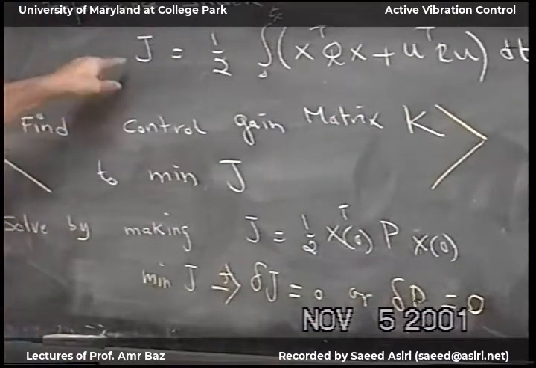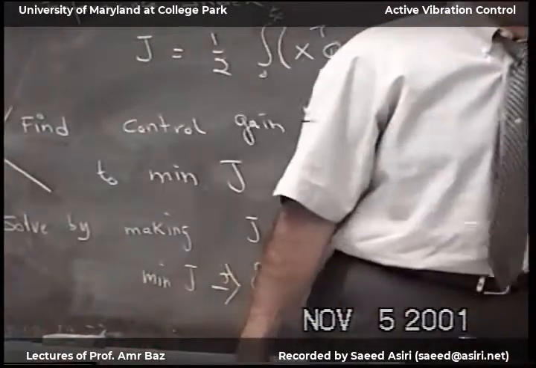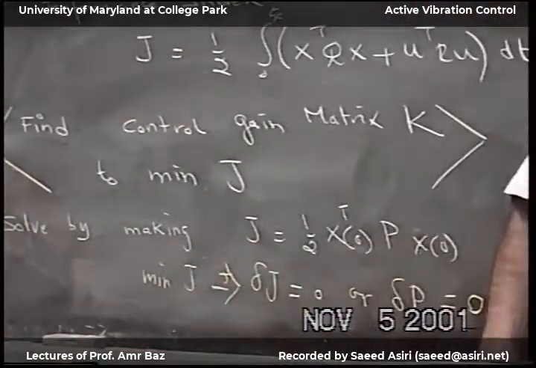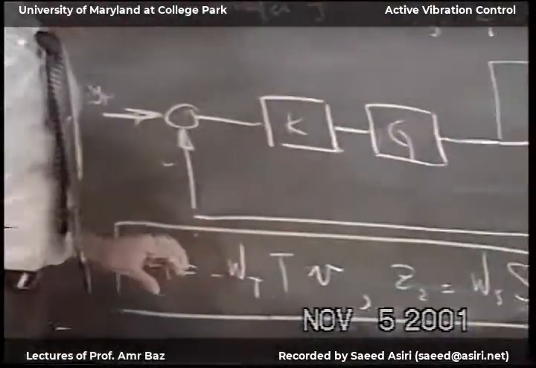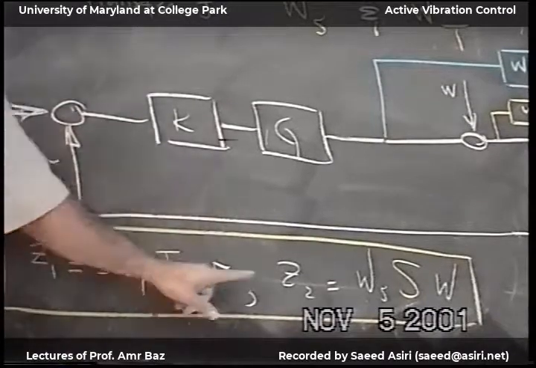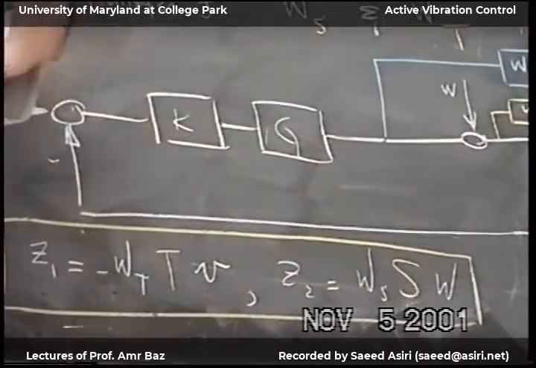If now instead of this, I say my J is the infinity norm between this and this, or the infinity norm between this and this, or I can combine it, because I can make this a vector, and I can make all the noise, the disturbance, the uncertainty, I can make them all one vector.